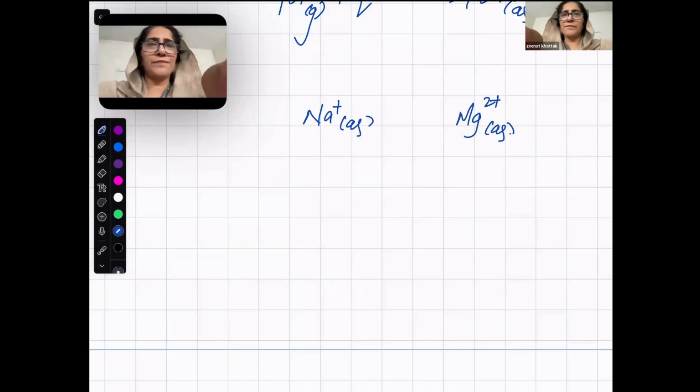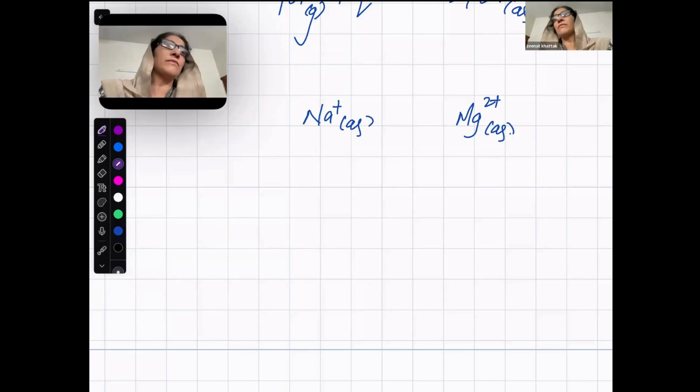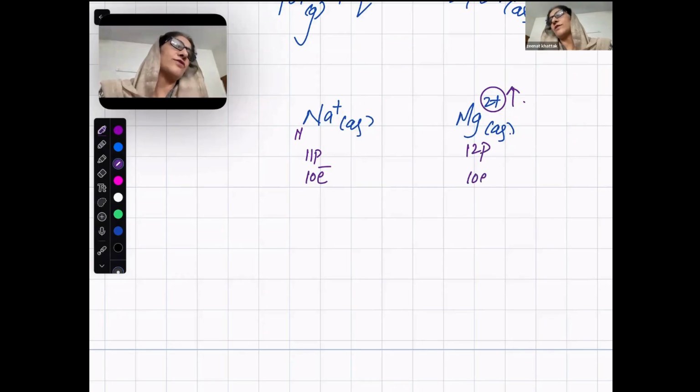More exo. Look. Small size, high charge. The charge is clear cut, more with 2 plus. Okay. What about size? Na plus has 11 protons, 10 electrons. Mg2 plus has 12 protons, 10 electrons.